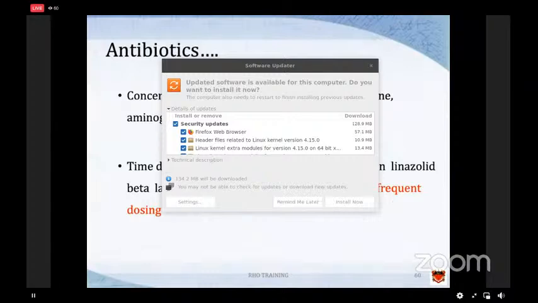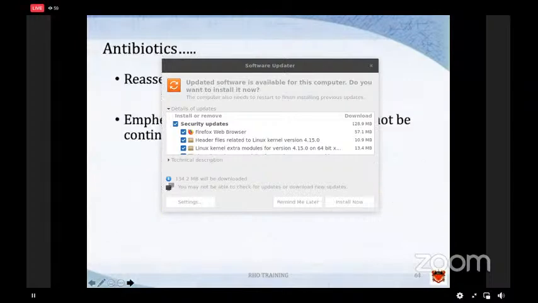So it's a daily dose. Time dependent killing, you need to maintain a certain blood concentration of the antibiotic over a period. So these antibiotics are given in frequent doses. The cephalosporins, meropenem, piptaz, most of the antibiotics fall into time dependent killing.